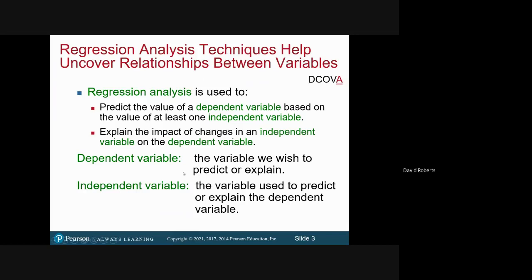So you have the dependent variable, which is a variable we wish to predict or explain, and the independent variable. So a very simple example of this would be the independent variable is time, which is your x-axis, and the dependent variable is your y-axis, which would be sales. Or it could be something like population. We all know the population of the world is growing at a certain rate.